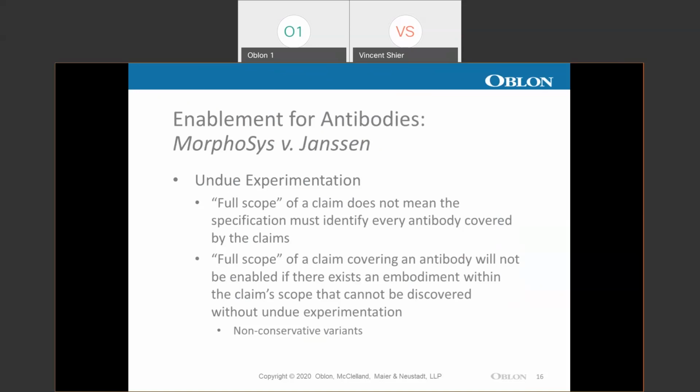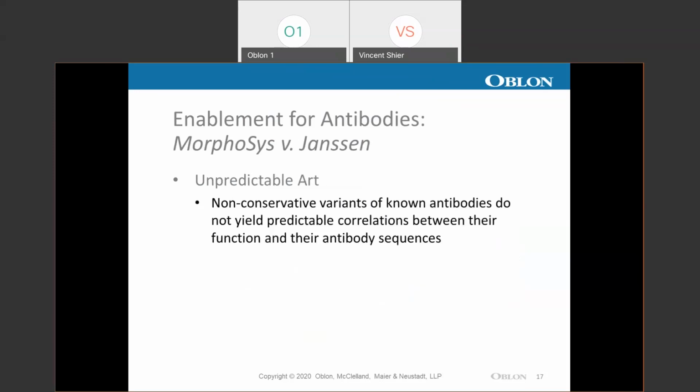Yes, but the inquiry here is very different from the cases that permit the claim to include limited non-operative embodiments without running afoul of the Section 112 requirements. The situation in Morphosis is more similar to Atlas Powder, where claims reading on significant numbers of inoperative embodiments would render claims non-enabled when the specification does not clearly identify the operative embodiments, and undue experimentation is involved in determining those that are actually operative, particularly in an unpredictable art.